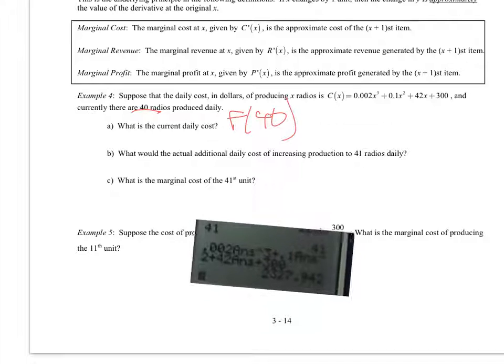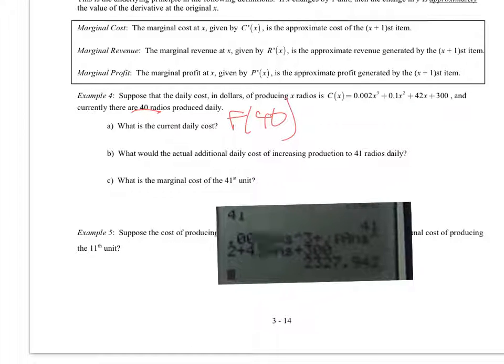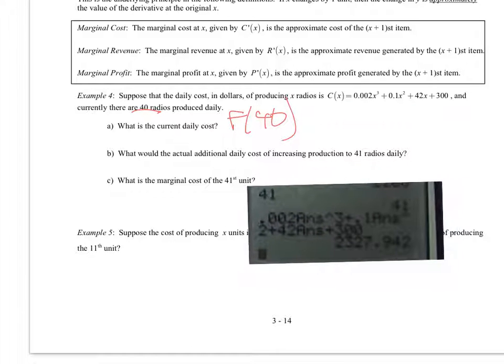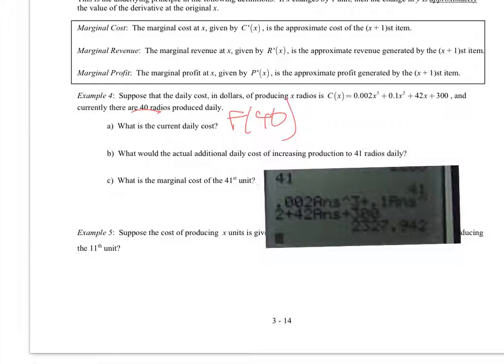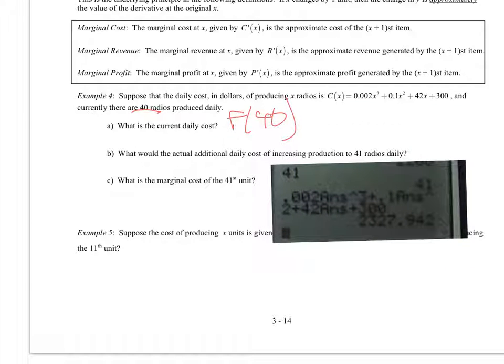And then that would be part B. And then how do I get the marginal cost? Well, I'm going to subtract the two numbers. And when I did that, I got 59. Let me write that down. I deleted my first one.